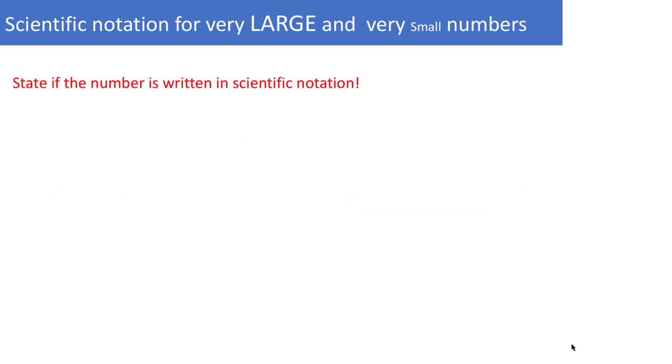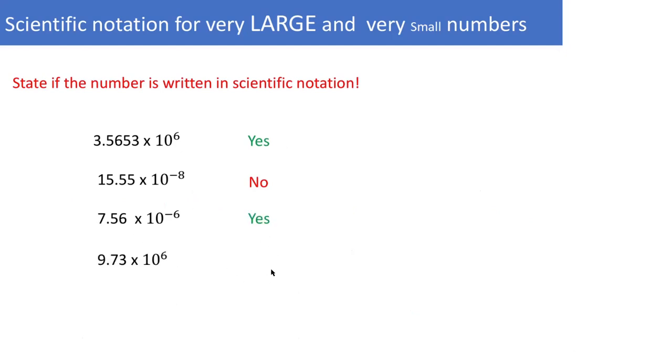So let's see first if we can recognize whether these are written in scientific notation or not. This one here, it is in scientific notation. Yes. This one here is not, because to the left of the decimal point there is 15. You can't have more than one digit. That's no. This one here is yes.